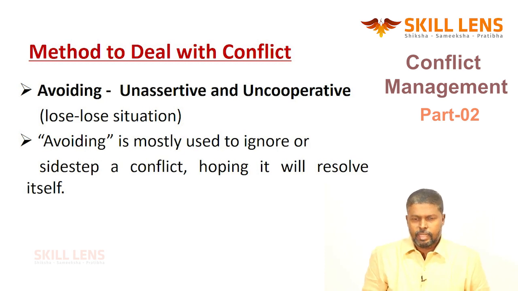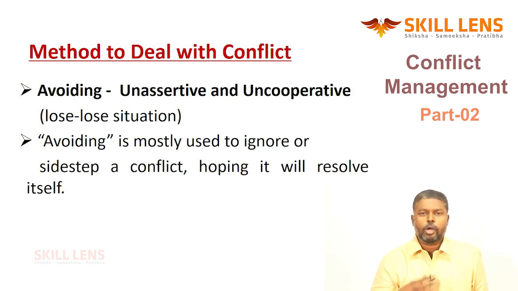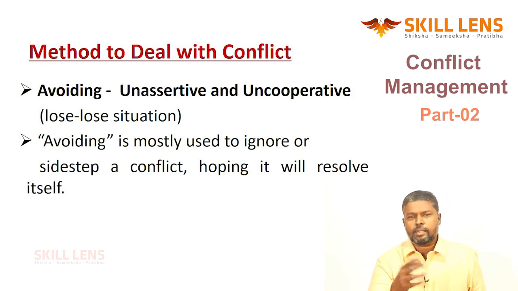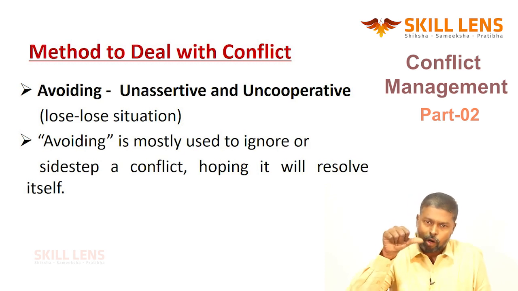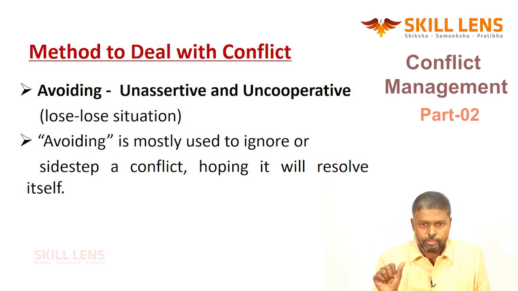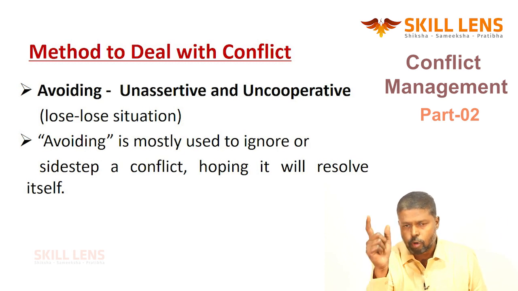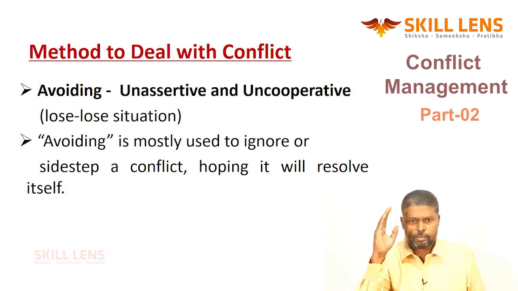There is an issue, a problem that needs to be addressed, but we avoid it, assuming it is just going to go away. This is a complete lose-lose situation where we are neither assertive nor cooperative. That is unassertive, uncooperative, a lose-lose situation.